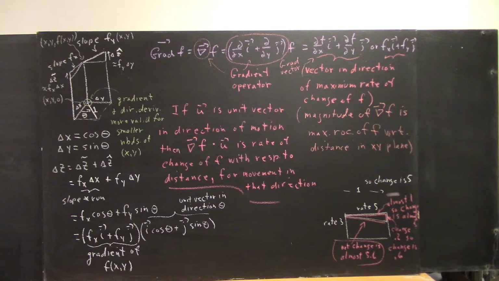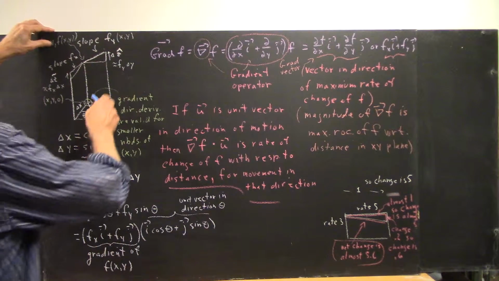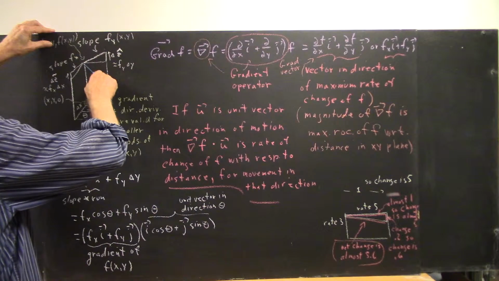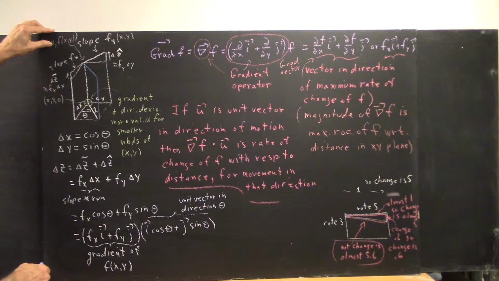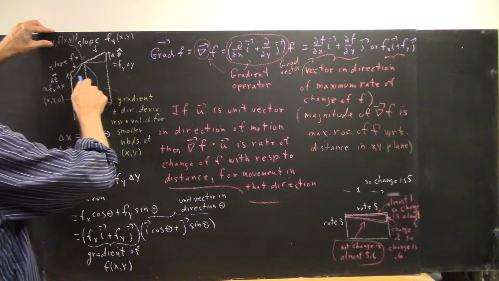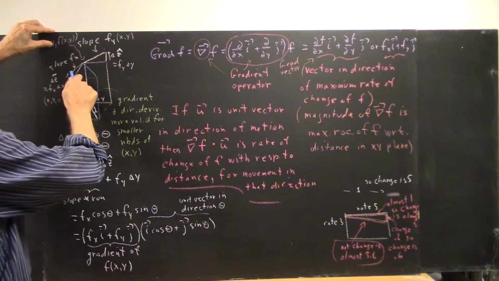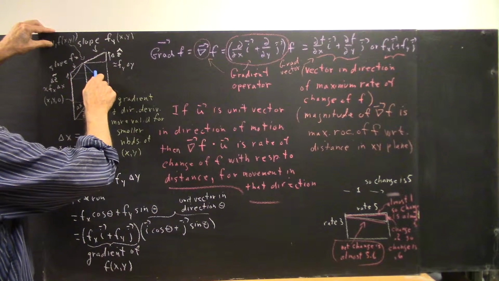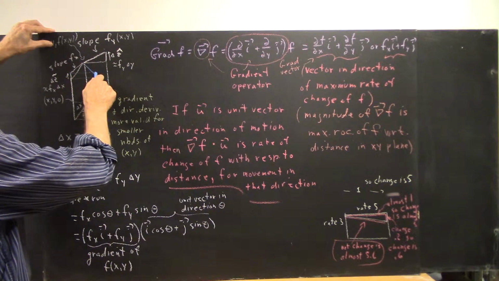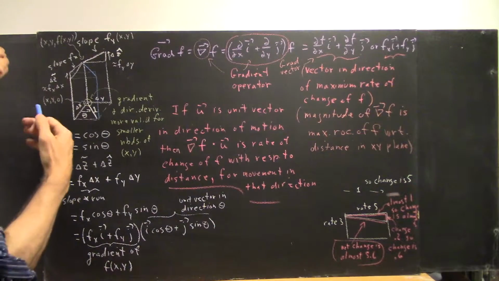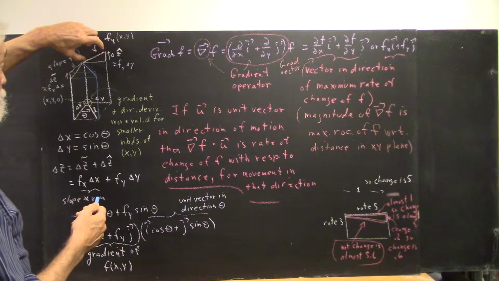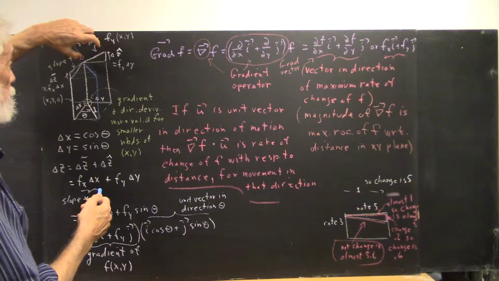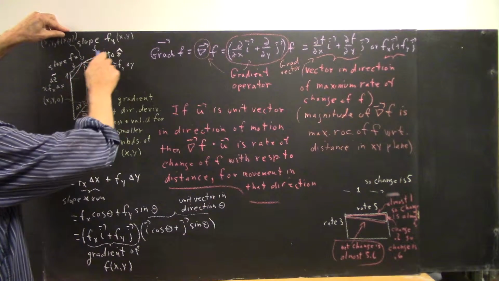So I could expand the picture. I could draw this rectangle, and I could see that if I move from here to here, to the extent the linear approximation is valid, I'm going to have a change.